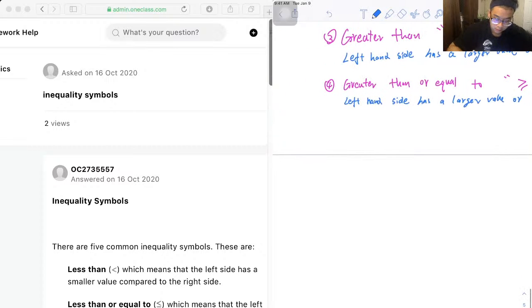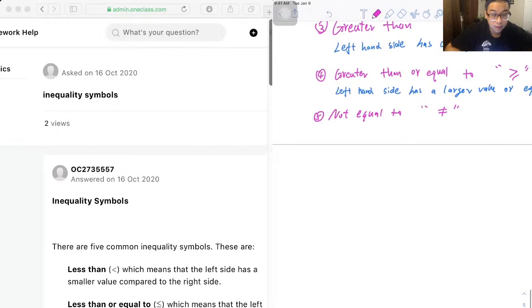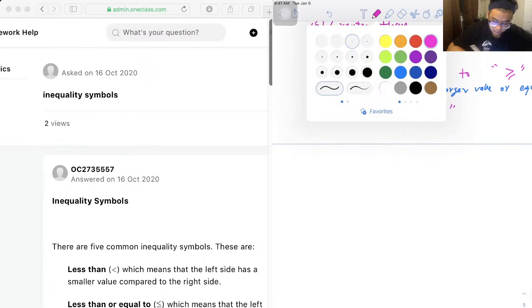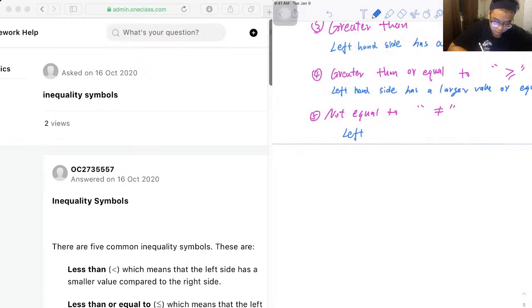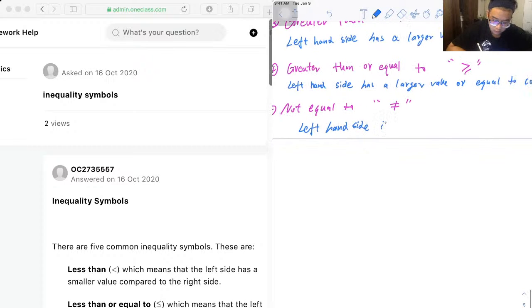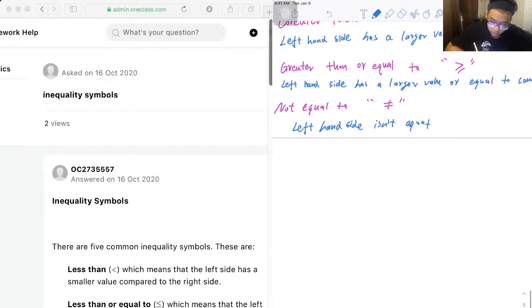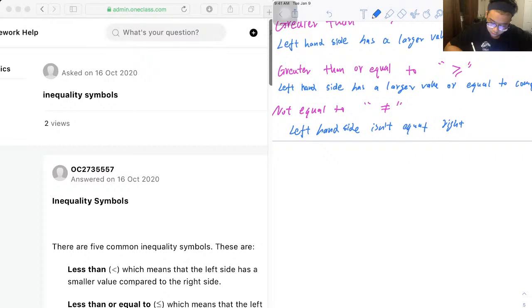All right. So last we have not equal to, where the symbol looks like this. So it just means the left hand side is not equal to the right hand side.